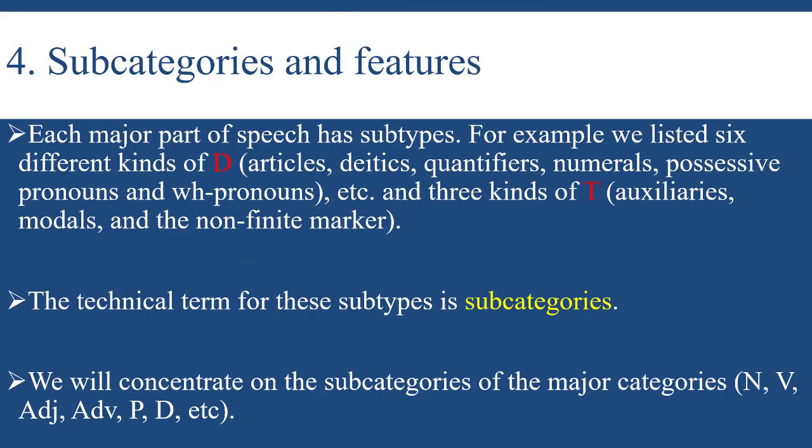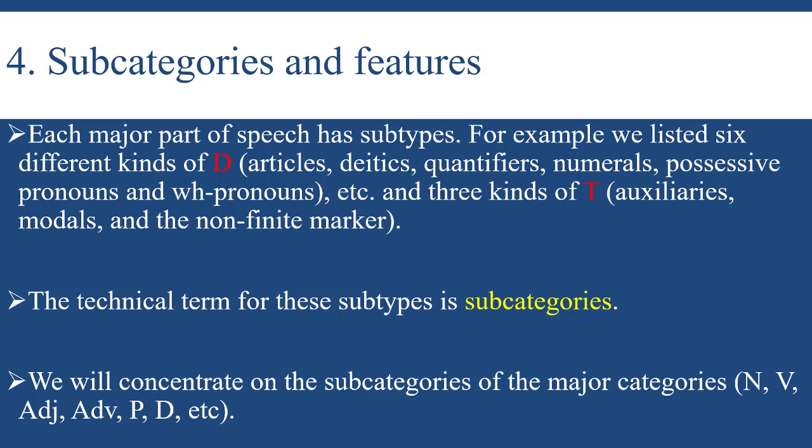Subcategories and features. Each major part of speech has subtypes. For example, we listed different kinds of determiners: articles, demonstratives, quantifiers, numerals, possessive pronouns, and WH pronouns. And then three kinds of auxiliaries, modals, and the non-finite marker, which is to.